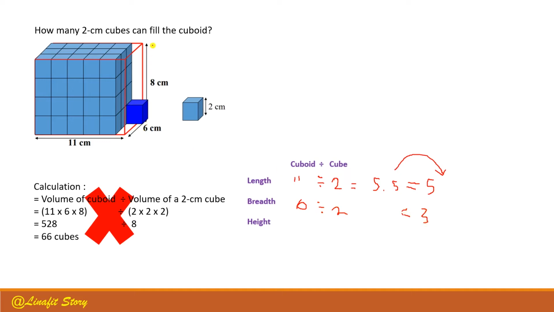And the height, 8 divided by 2 is equal to 4. So 5 times 3 times 4 is equal to 60 cubes.